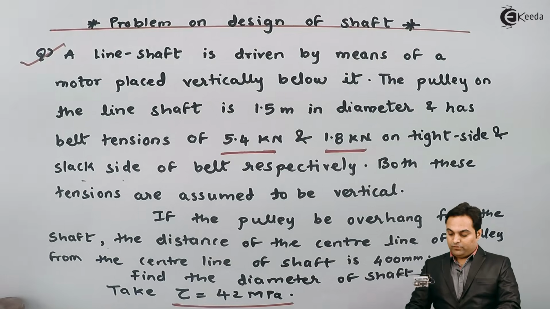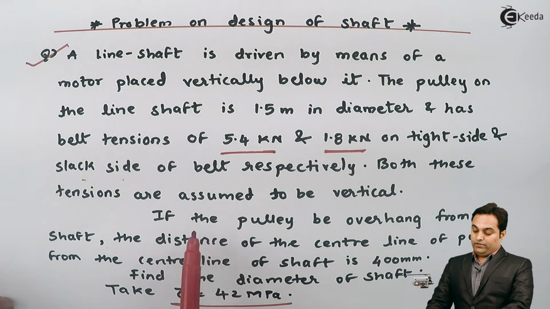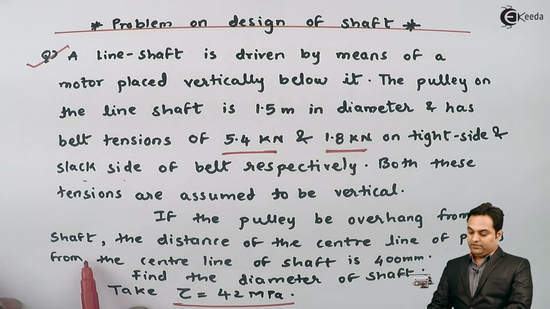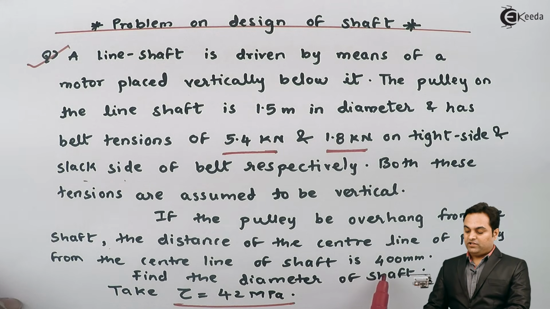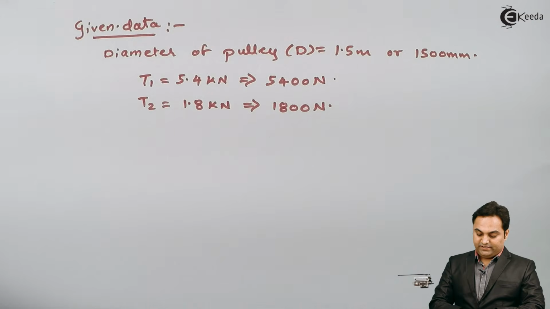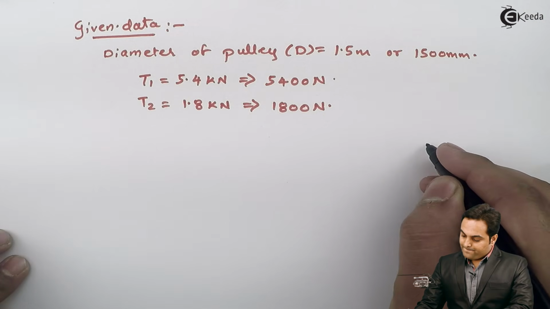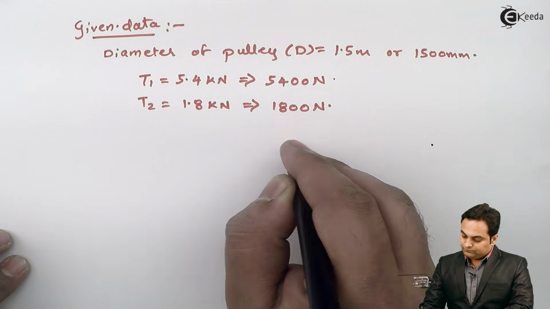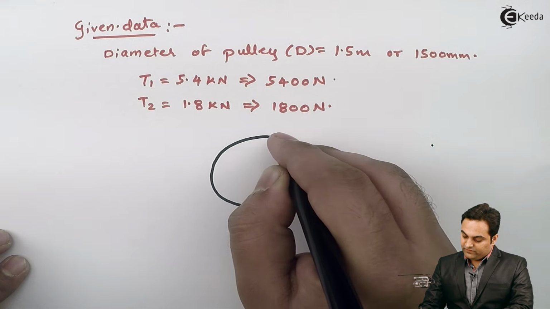Next, both these tensions are assumed to be vertical. Now, if the pulley be overhang from the shaft, here the condition is given, and the distance of the center line of the pulley from the center line of the shaft is 400 mm. So the condition is, I can explain it with a diagram. Here we have a pulley.